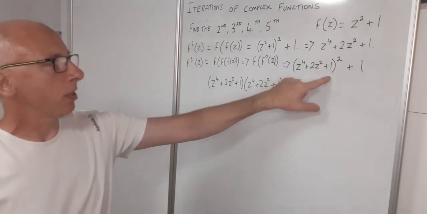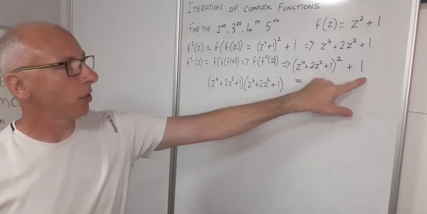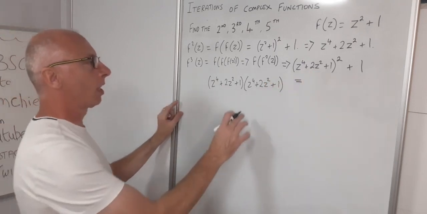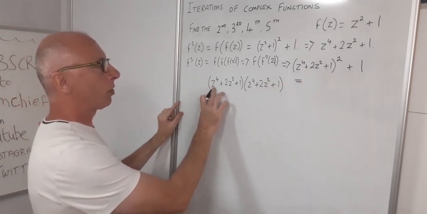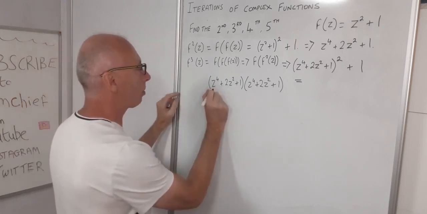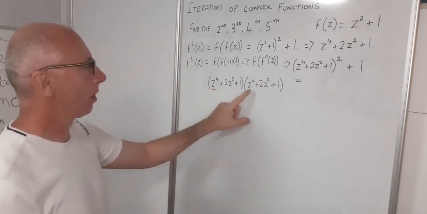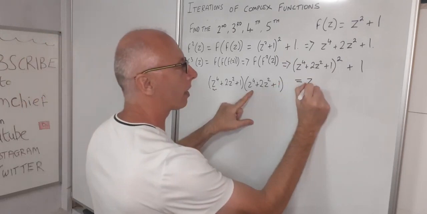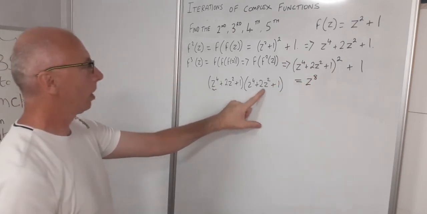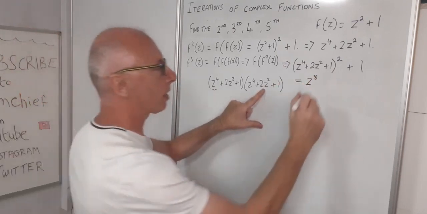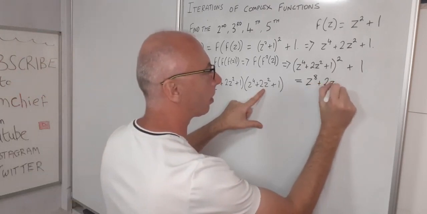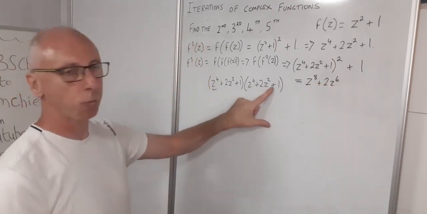So just this bit squared, and then don't forget to add this constant at the end, 1. So let's distribute z to the power of 4. Let's just distribute this one. So that's going to give us z to the power of 8, 2z to the power of 6, and just 1z to the 4.